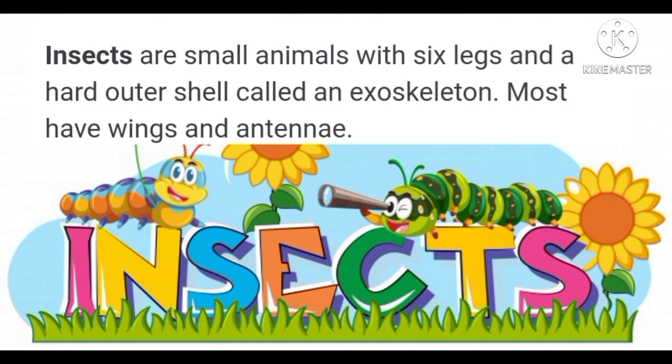Most insects have wings and antennae. So the small animals which have 6 legs and an exoskeleton, with wings and antennae, are known as insects.